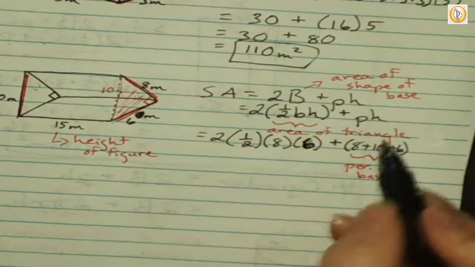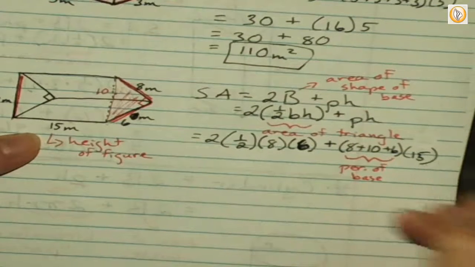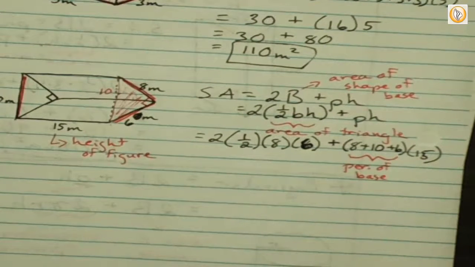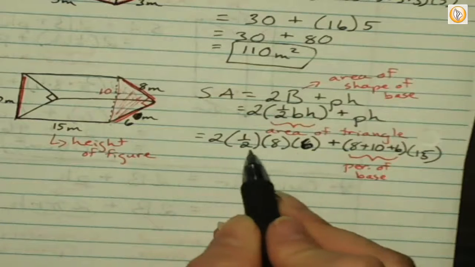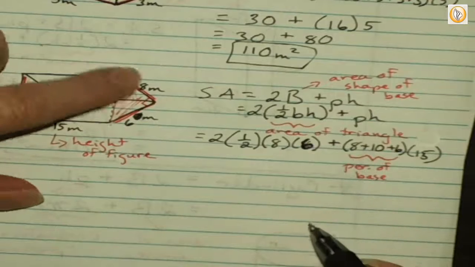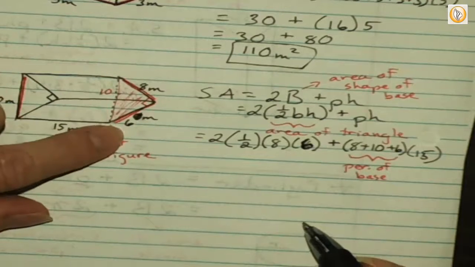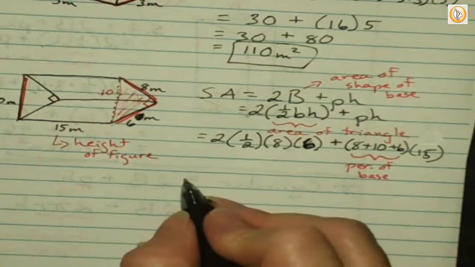And then we multiply by the height of the whole figure, by 15. So it's 2 times the area of a triangle plus the perimeter of the base, 8, 10, and 6, times the height of the whole figure.